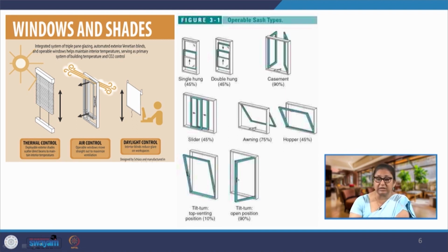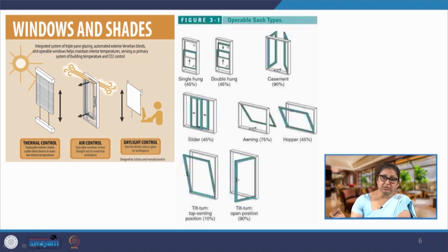Hence we would find that in the majority of commercial buildings the windows are sealed, they are not openable, they are closed windows, despite the fact that 60% of the time in our country the temperatures remain in the thermally comfortable range. Despite that, we are not able to bring in the air from outdoors to the indoors.